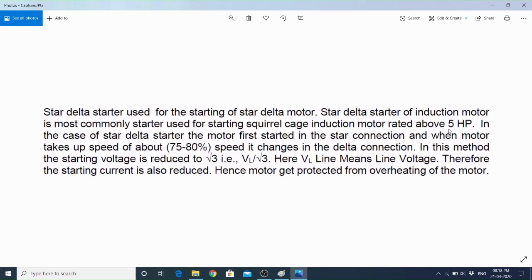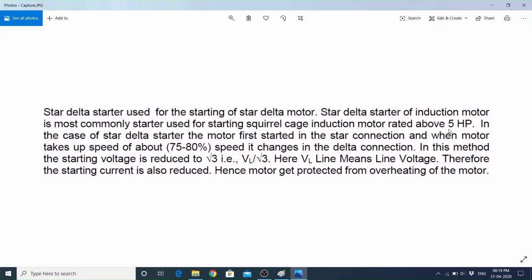So in that condition, the current requirement is within the rated power ratings of the induction motor. Okay. So if we start the motor directly, which has a power rating more than 5 HP, in that case what happens, the starting current goes above the rated current, like 3 to 5 times more.